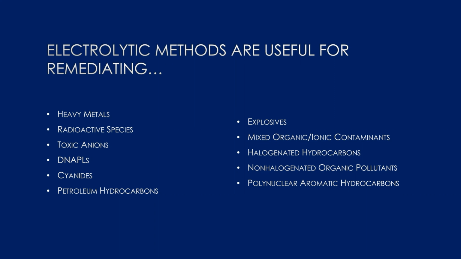Toxic anions such as nitrates and sulfates. Dense non-aqueous phase liquids, also known as DNAPLs. Cyanides, petroleum hydrocarbons such as diesel fuel, gasoline, kerosene, and lubricating oils. Explosives, mixed organic/ionic contaminants. Halogenated hydrocarbons such as TCE, non-halogenated organic pollutants such as BTEX, and polynuclear aromatic hydrocarbons.